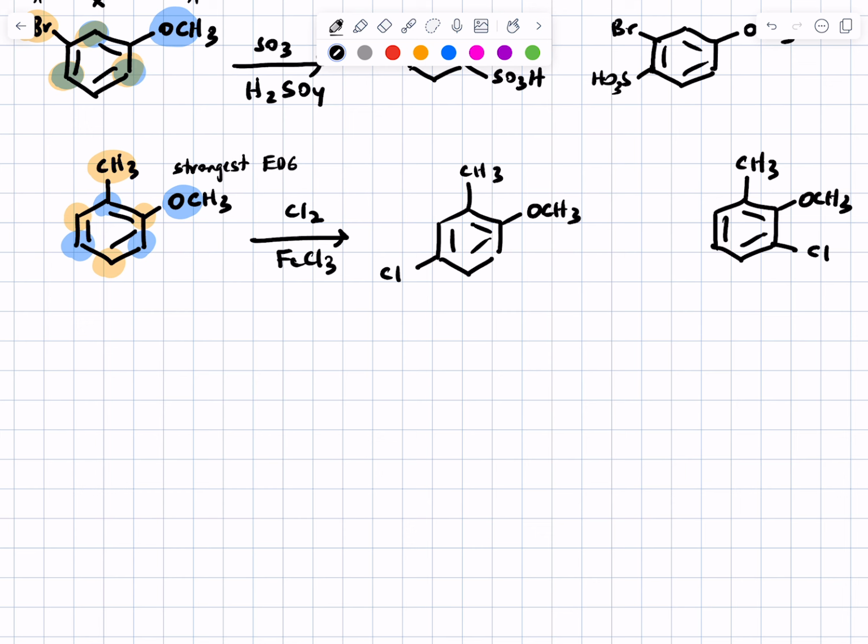All right, now, yeah, go ahead. So are we going to have to know when they're both donating or both withdrawing, which one's stronger? If they're both, the only rule I can get out of your text is the strongest donating group wins. So probably if you find a situation where two withdrawing groups oppose each other, there is probably a better way. But I don't think you'll be in that situation.